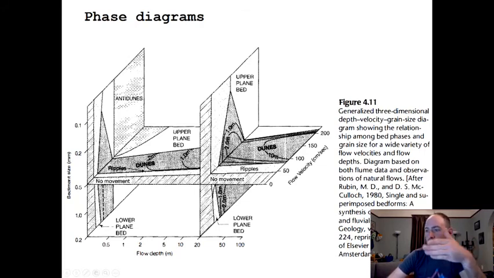If you're interested in depth and grain size, but you know the velocity, then you can take a slice in this dimension, or if you have the depth and velocity and are interested in the grain size, you can take a slice in this dimension, right? Or as we saw in the previous slide, if you have grain size and you're interested in velocity, but you know the depth, then you can take a slice in this dimension. Does that make sense to everybody?